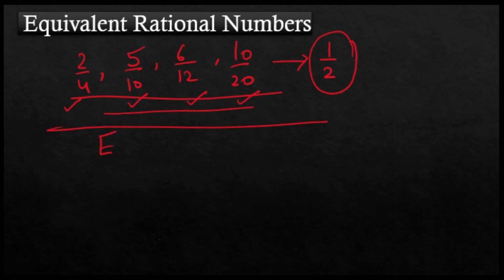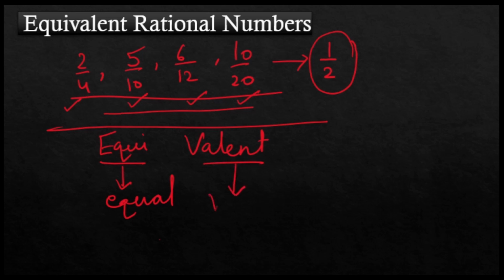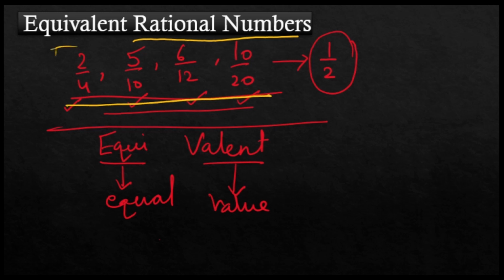Meaning of equivalent: equi means equal, valent means value. That means equal value. Those rational numbers which have equal values are equivalent rational numbers. And this is the simplest form of the rational numbers.